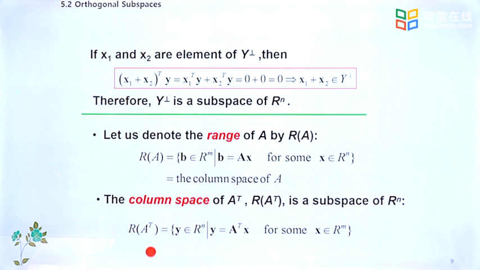So R(A transpose) contains all the vectors y in Rn, because if A is an m by n matrix, then A transpose is an n by m matrix. Because A transpose is an n by m matrix, this column space R(A transpose) should be a subspace of Rn.